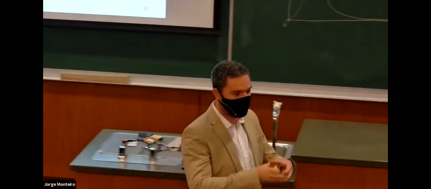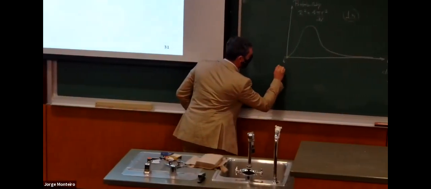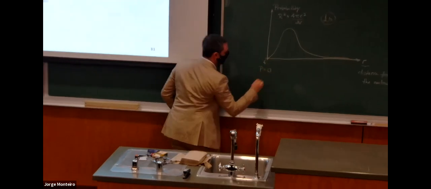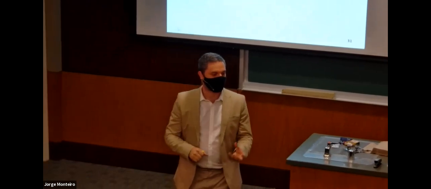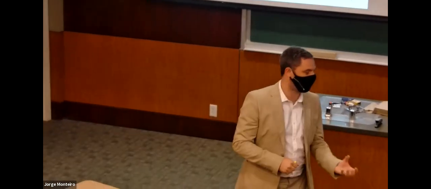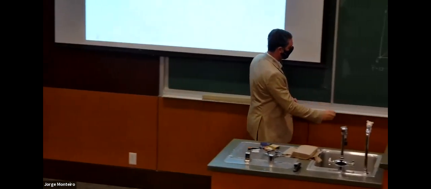If the distance is 0, that means we are right at the nucleus. The probability to find the electron at the nucleus is 0. So for any wave function, the probability to find the electron at the nucleus is 0, always.